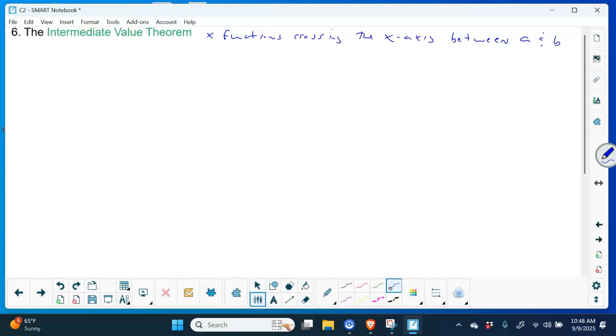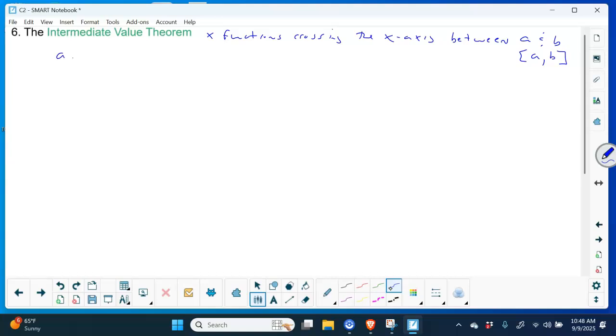The way they say between a and b is they say bracket a, comma, bracket b, but what they mean is between a and b. So don't get that confused.